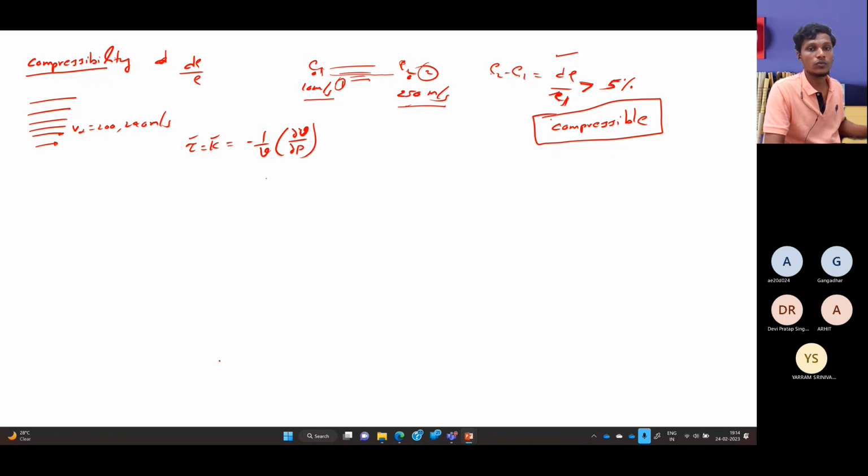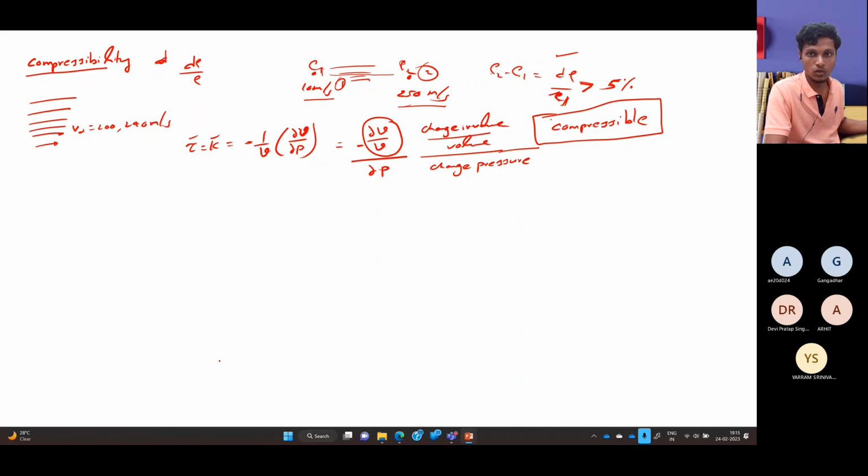If you segregate this, I just wrote some equation, but what it actually means is, the top parameter is the fractional change in volume, change in volume per unit volume, per change in pressure, because of the flow field or because of external force, whatever it is.